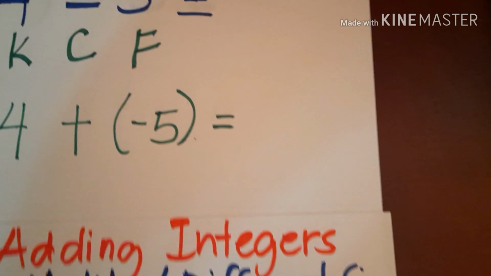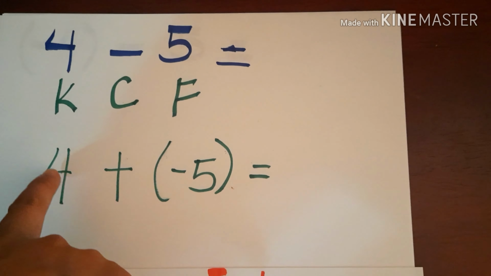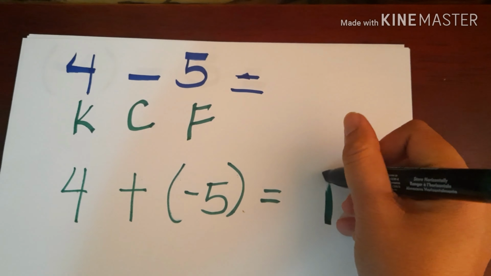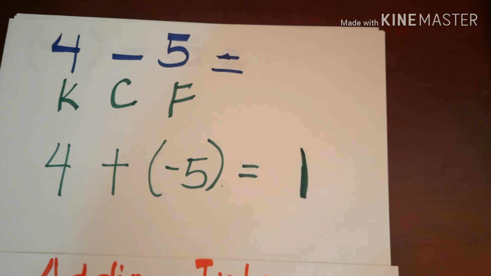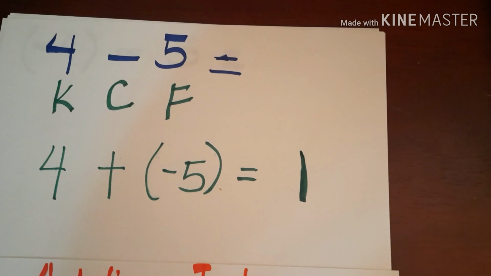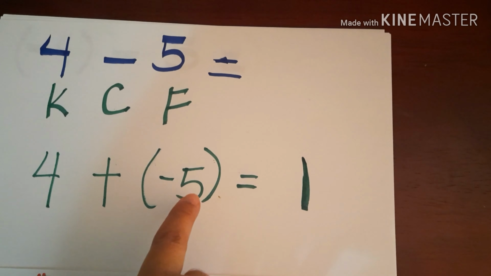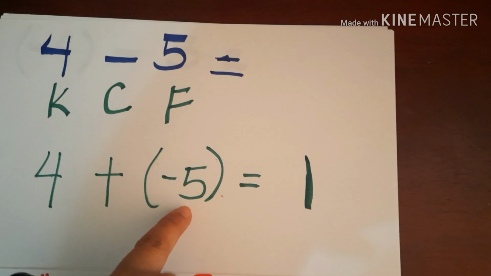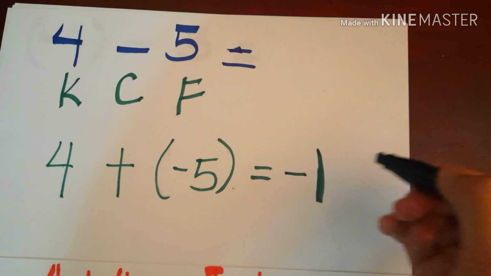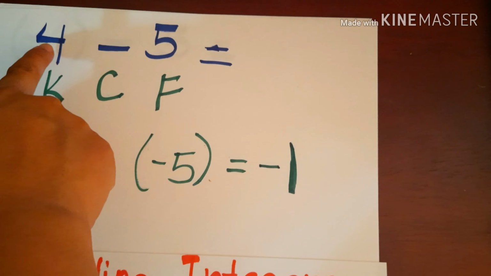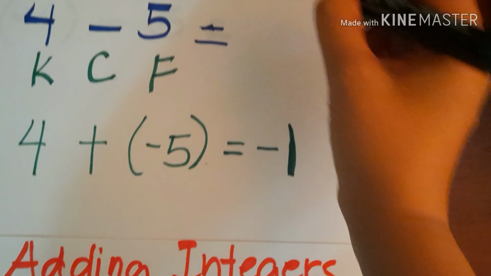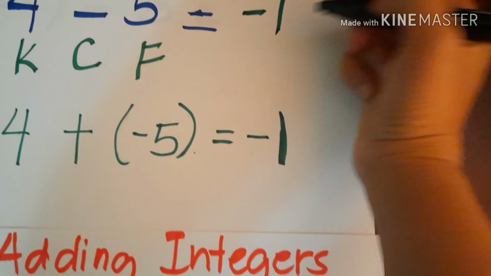So let's go ahead and do that. I'll subtract 5 minus 4. That would give me 1. And what would be my sign here? Take the sign of the bigger number. Here, I know 5 is bigger than 4, so I'll take the sign of 5, which is negative. So when I give the answer for 4 minus 5, what's my answer? That would be simply negative 1.